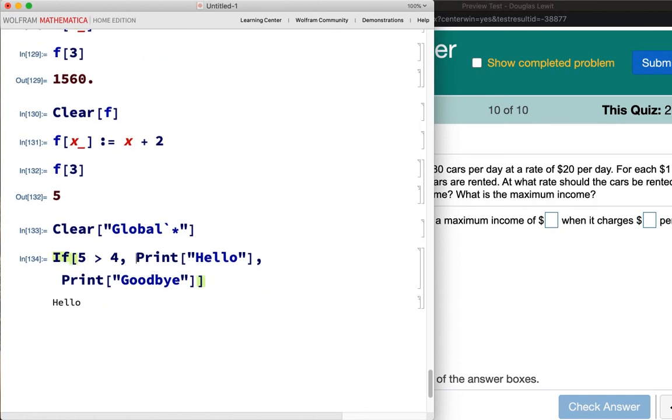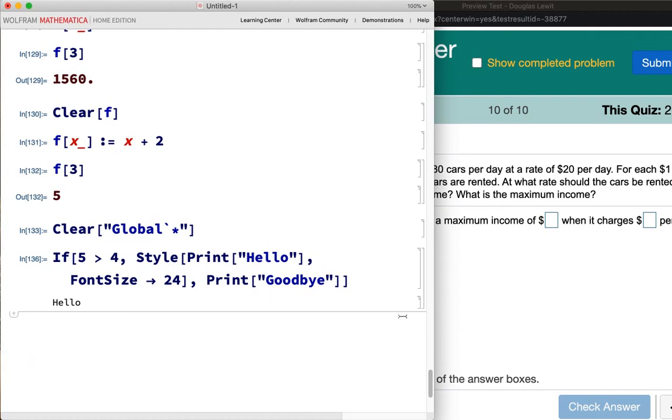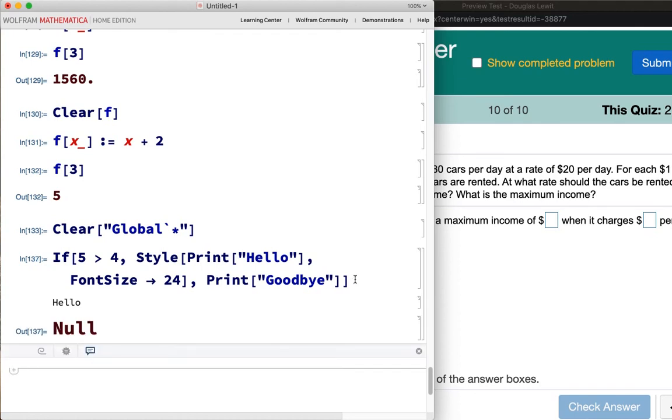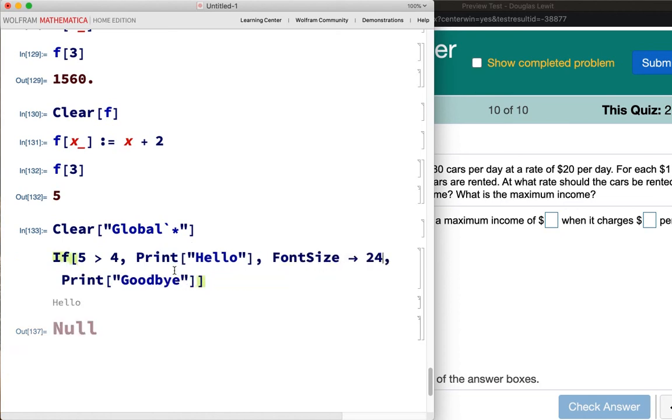I could do something like style, font size is 24. That's not what I want. Okay, hold on one second. Oh, I see what's happening. Okay, well, I shouldn't get so obsessive about this. Hold on one second.